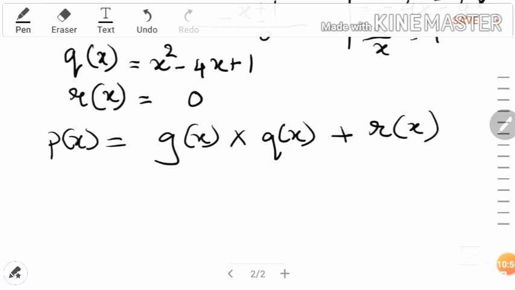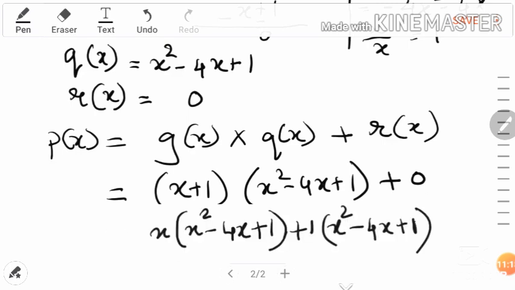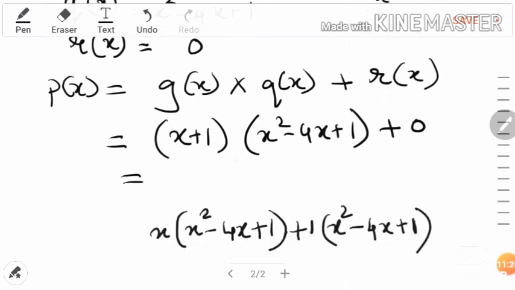What we have to do is just plug in the values of g of x, q of x and r of x that we have found and simplify. g of x is x plus 1, q of x is x square minus 4x plus 1 plus 0. And then you have to simplify.